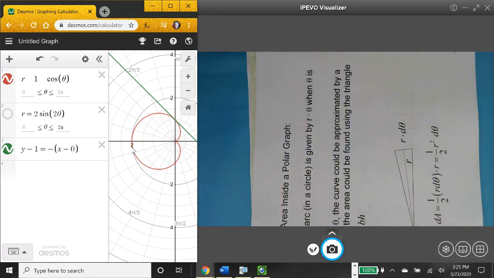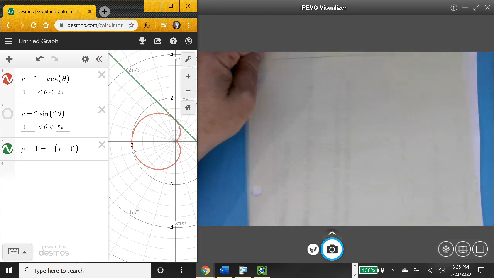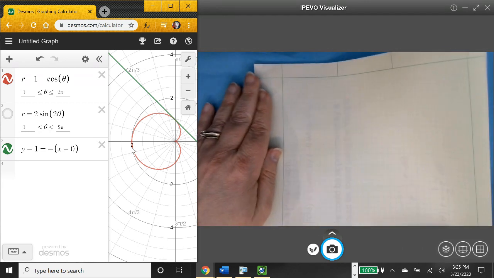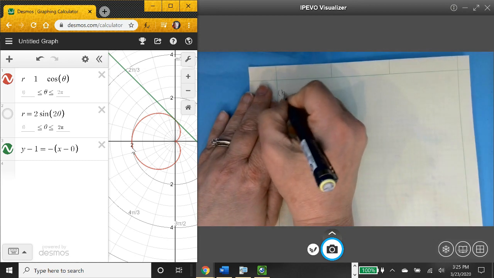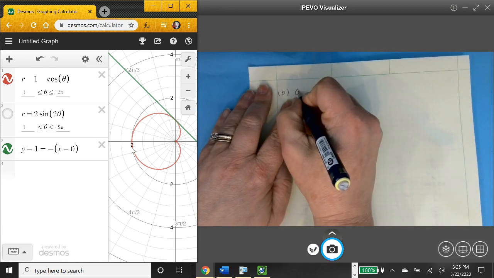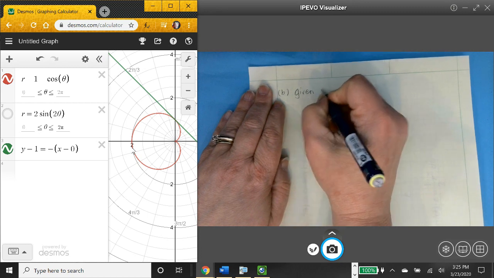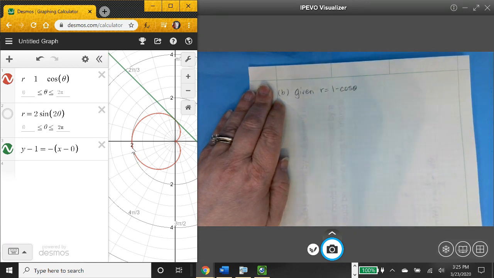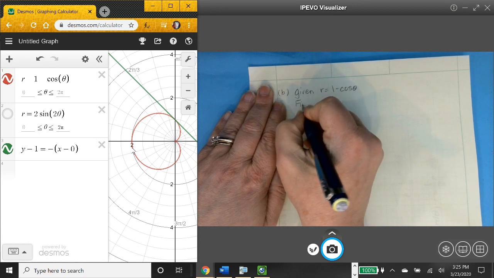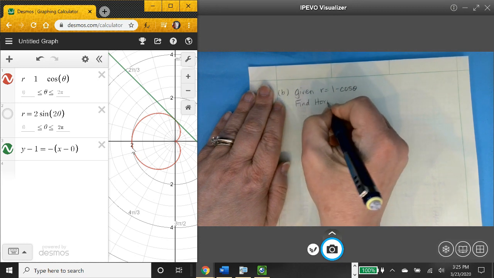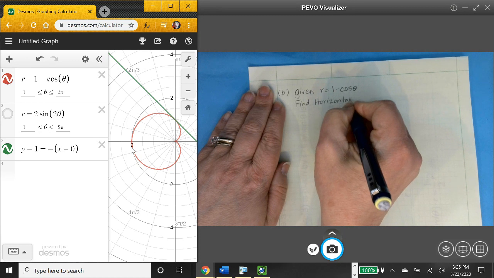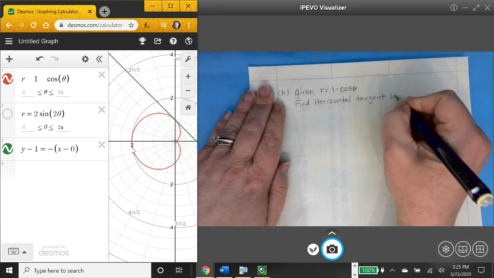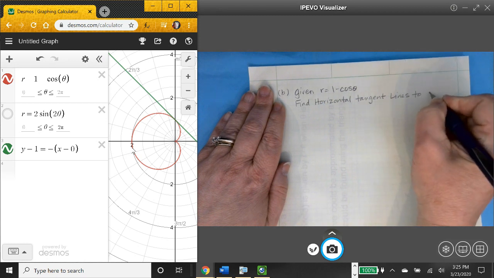Okay? But now what we're going to do is figure out when we have horizontal tangent lines, given that r equals our function still, 1 minus cosine theta. We want to find the horizontal tangent lines to the curve.